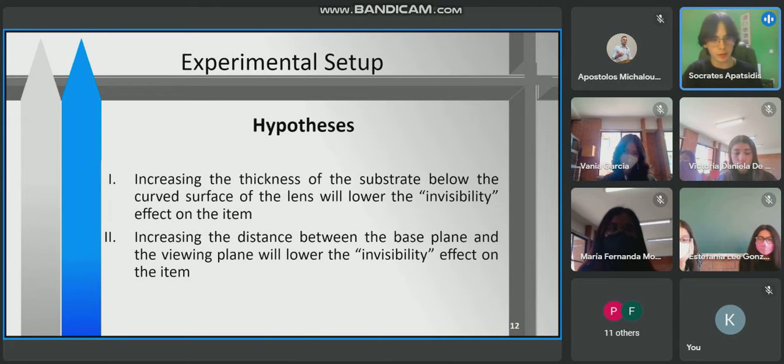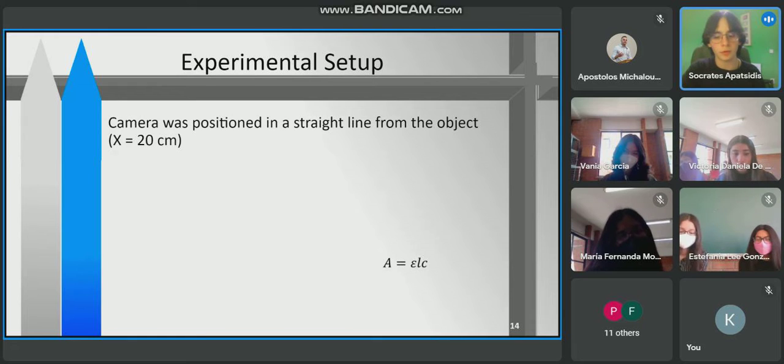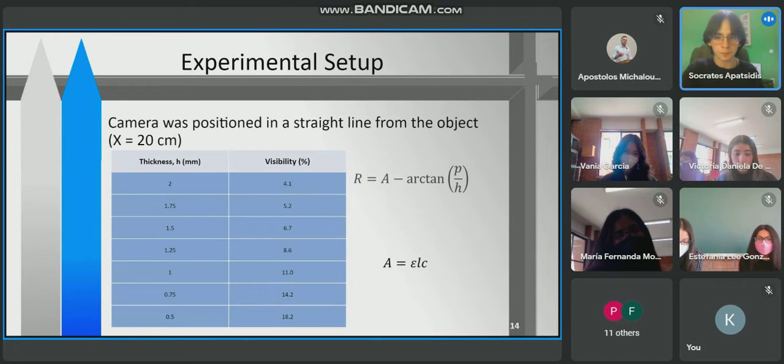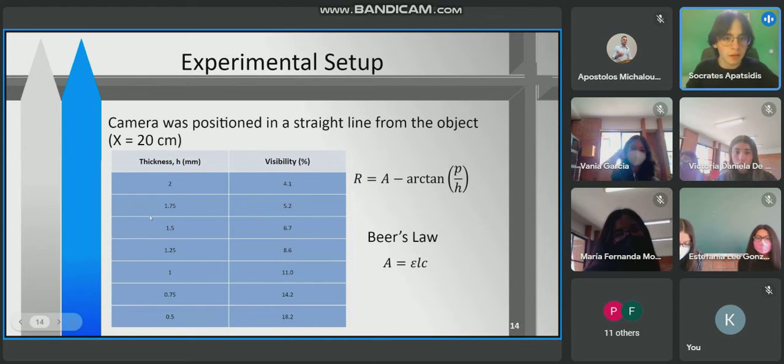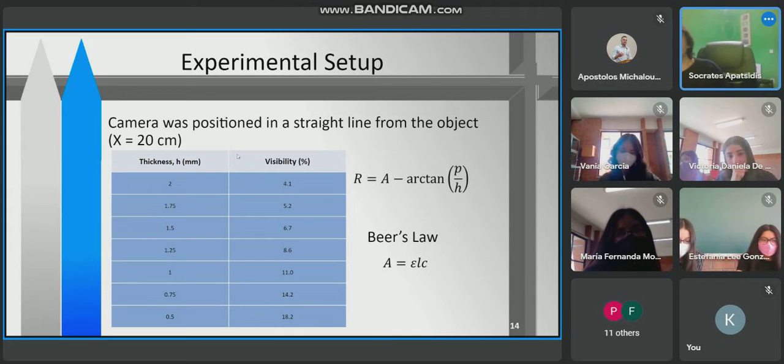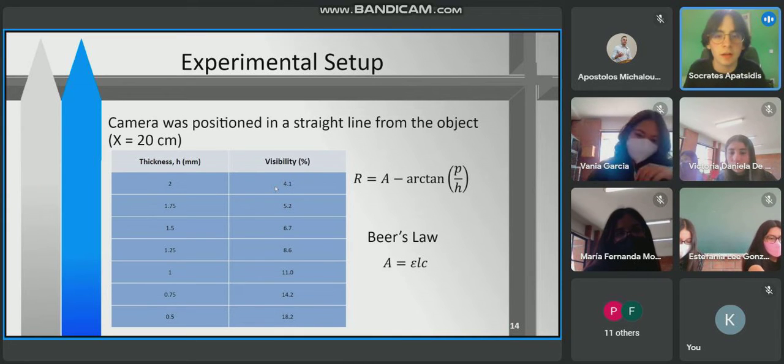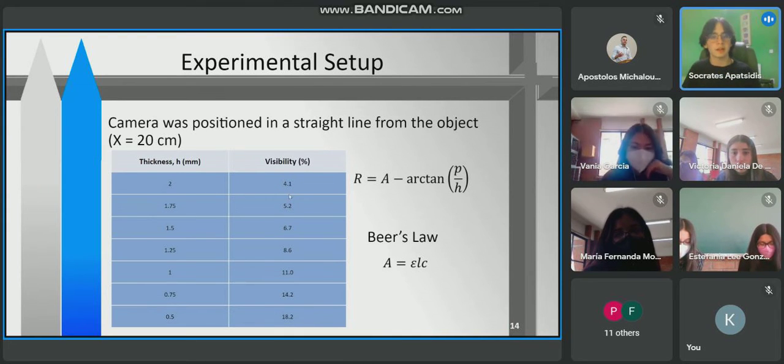So for the first hypothesis, we conducted an experiment where we increased the thickness of the substrate, and as you see, as the thickness increases, the visibility decreases. So that means that basically the invisibility does increase instead of decrease, as we stated in the hypothesis.